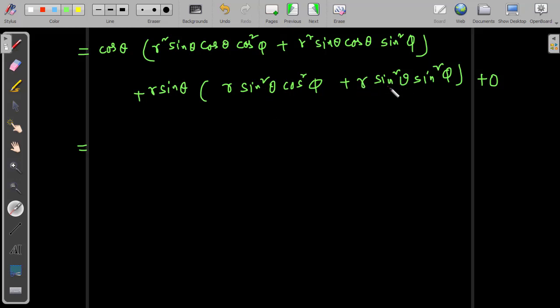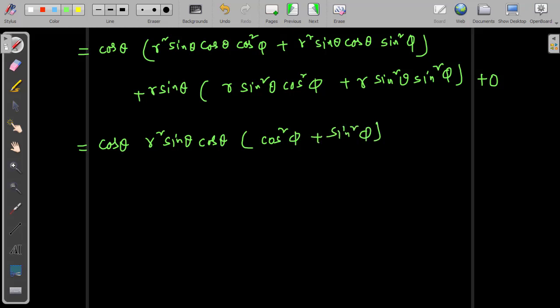So from each bracket, some terms are common. Let's take r square sine theta multiplied by cosine theta outside. If I take this outside, in the bracket I am left with cosine square of phi plus sine square of phi.